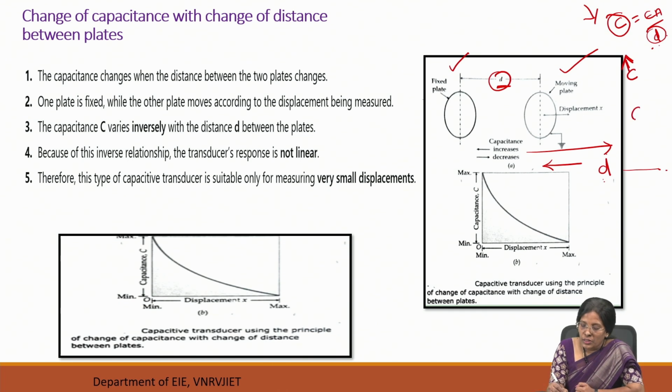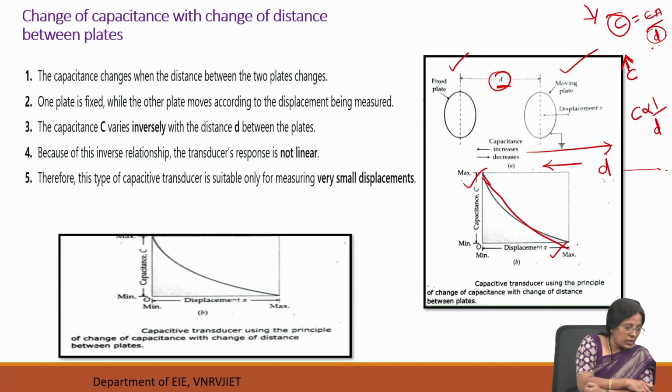That means C is inversely proportional to the distance between the plates. So if you see the relationship here, X versus capacitance, where X is displacement, it is an inverse relationship.